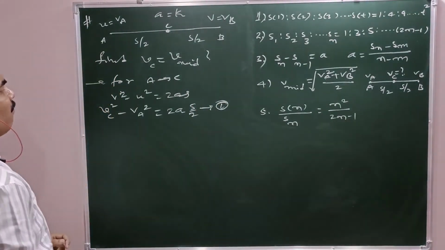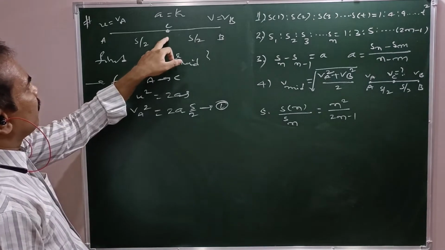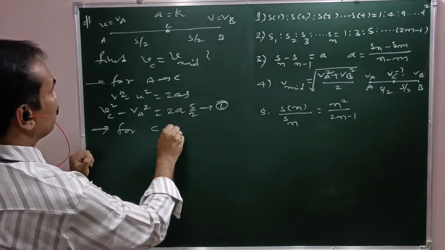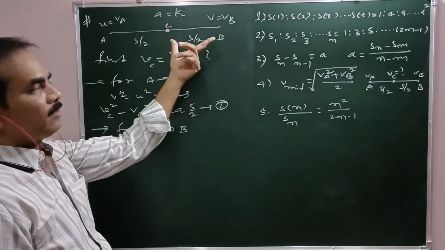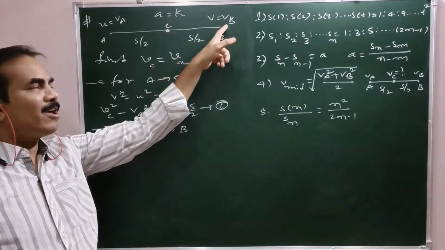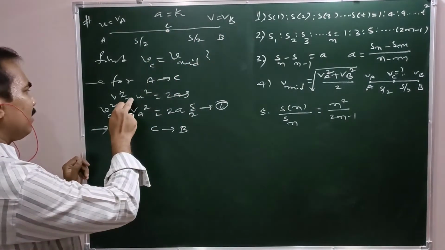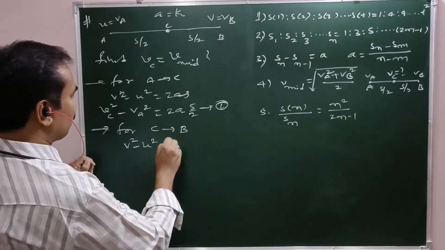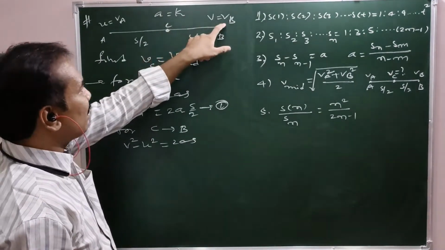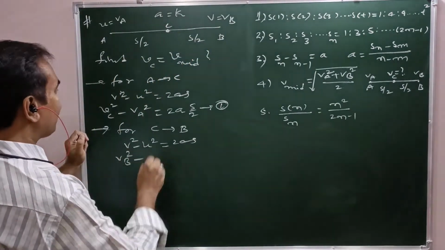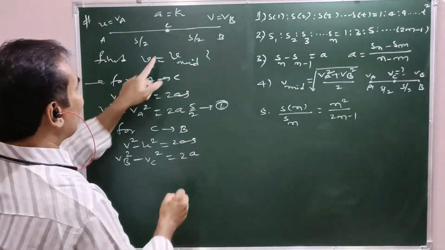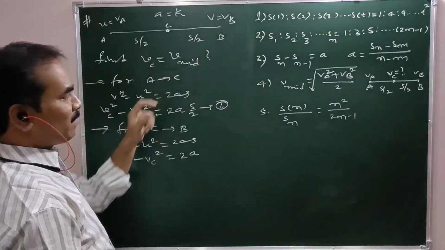For segment C to B, the next half of the segment, the velocity at C is the initial velocity and VB is the final velocity. Taking the same expression, VB square minus VC square equals 2A into the distance covered from C to B, again S by 2.